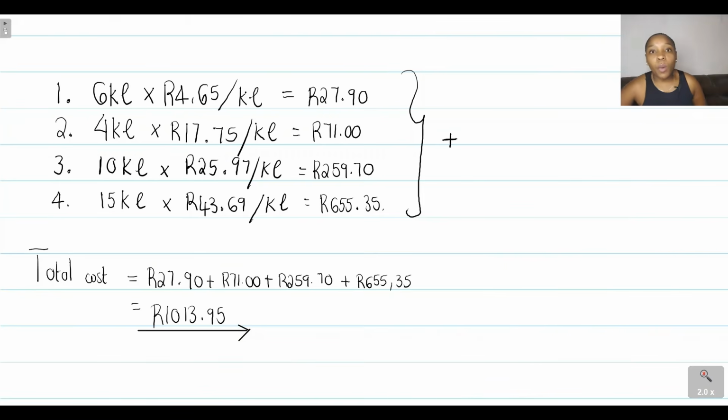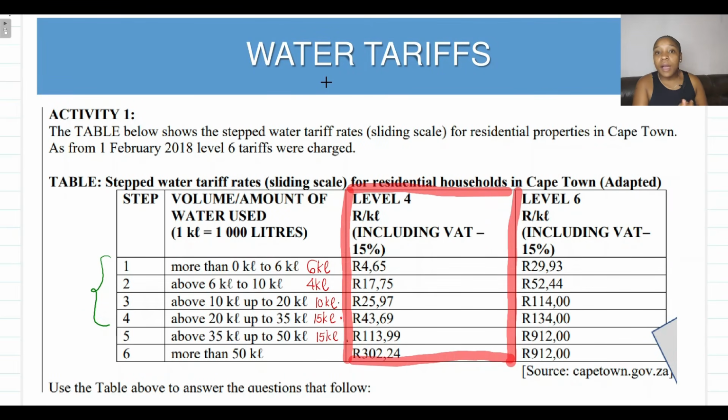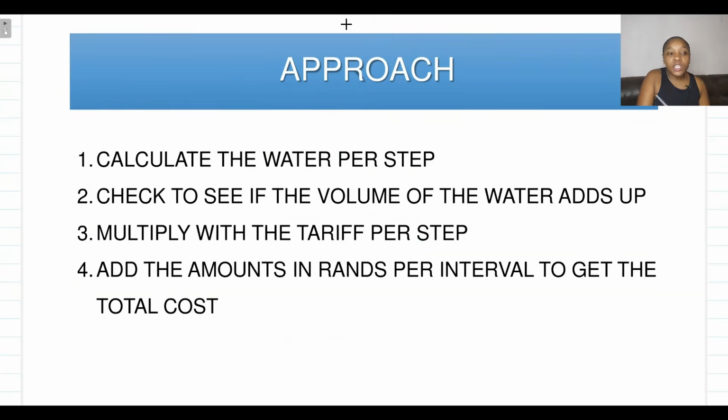If you add up all these amounts together, the total cost towards your water bill at the end of the month, if you used 35 kiloliters of water and we used level 4, would be 1,013.95.